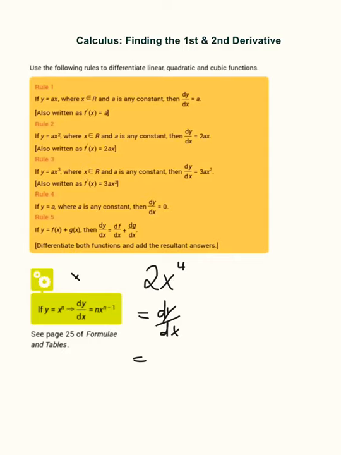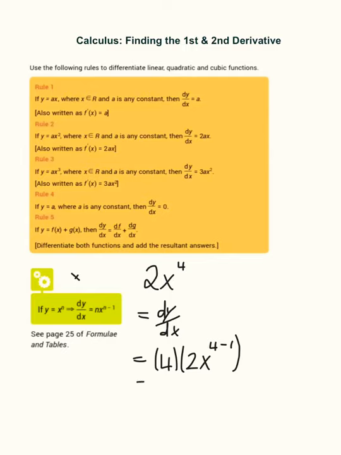My power here is 4, so I bring 4 down in front as a multiplier, and it is multiplied by 2x. Then we can also see in the formula n minus 1, so again n is 4 minus 1. So I've taken my term, I've brought the power down in front as a multiplier, and I've minused 1 from my power, as the formula tells us to do: nx to the power of n minus 1.